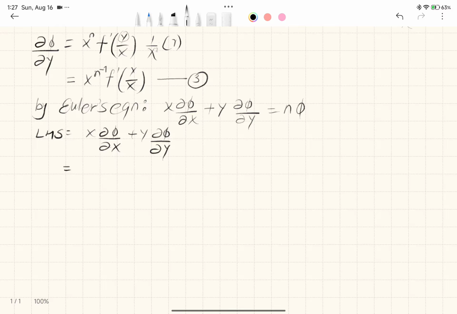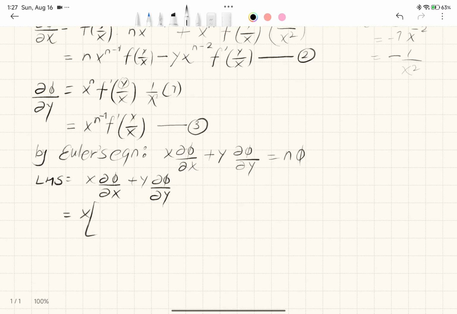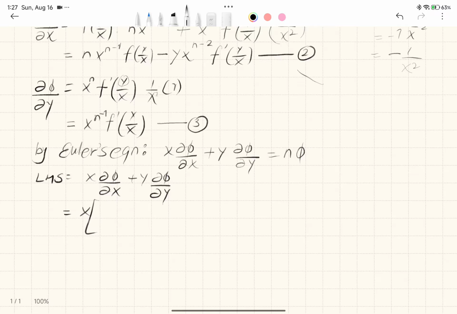We already found partial phi over partial x, which is n times x raised to the power n minus 1 times function of y over x, minus y x raised to the power n minus 2 times f prime of y over x.